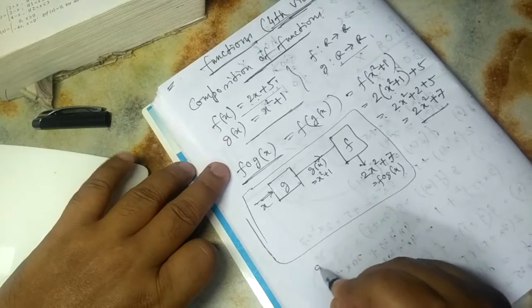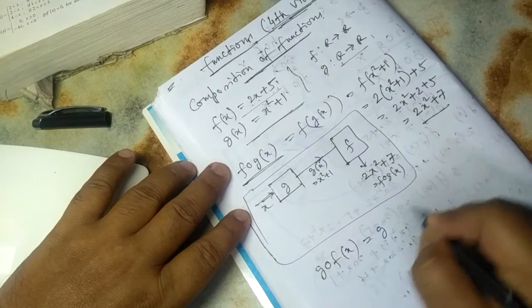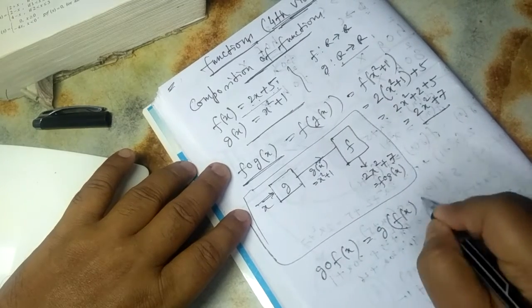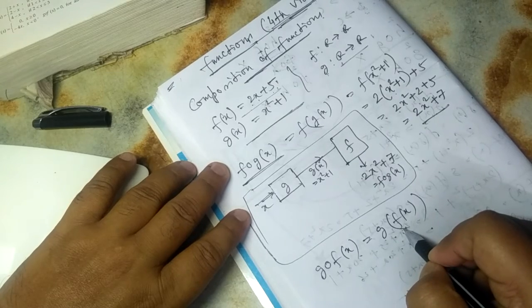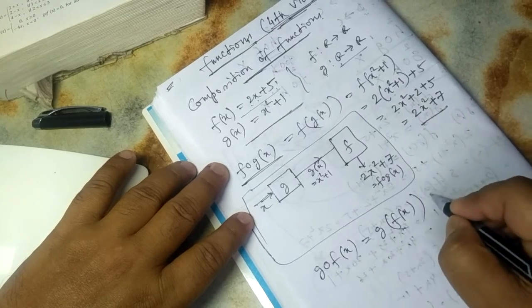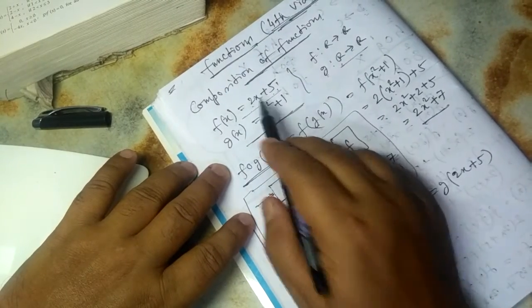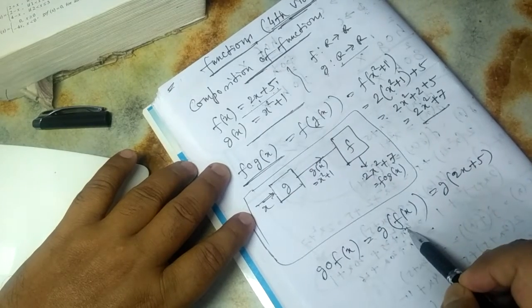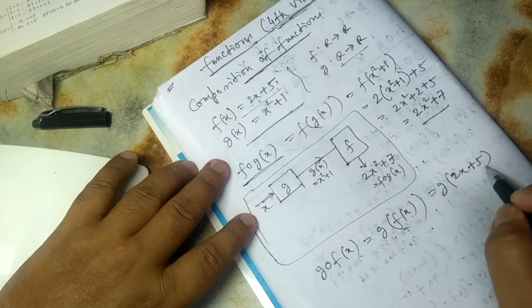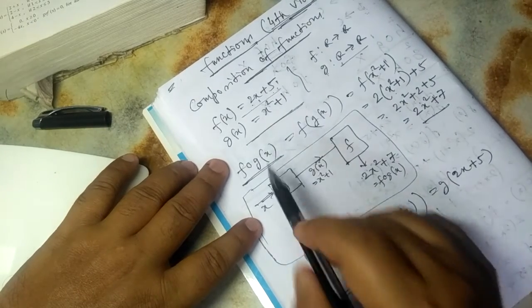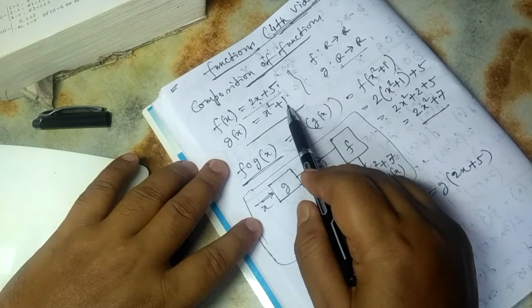Now let us find what g o f (x) is going to be. g o f (x) means, similarly, g of f(x), that is, the f function occurs first. g of f(x) means g of 2x plus 5. If the f function takes an input x, it makes it 2x plus 5, and the g function then squares whatever it takes and adds 1.